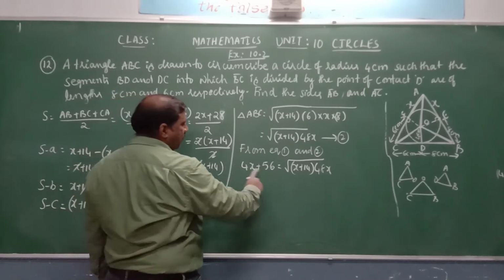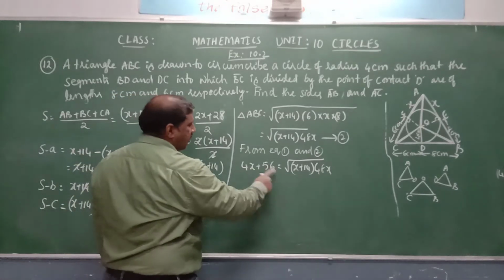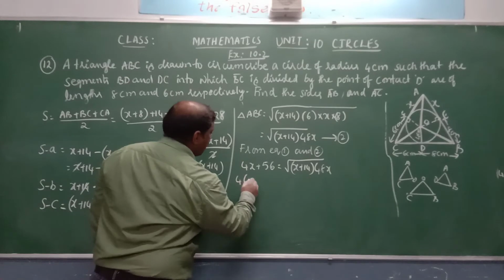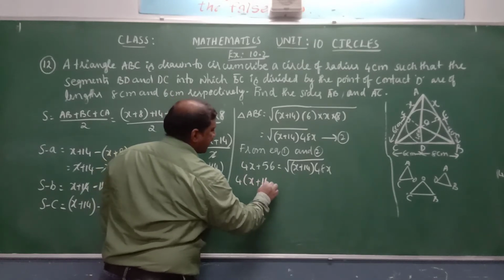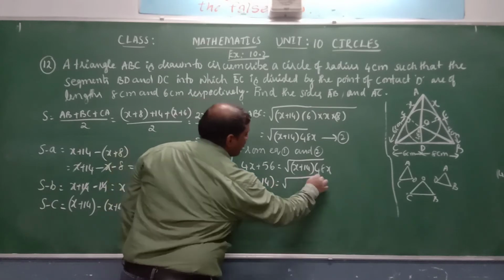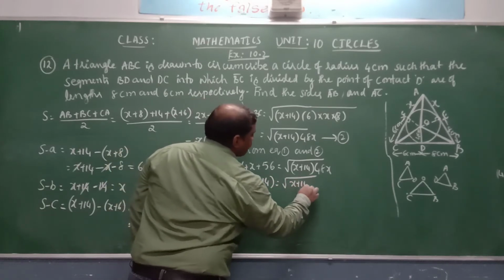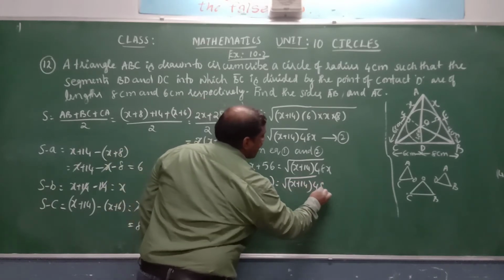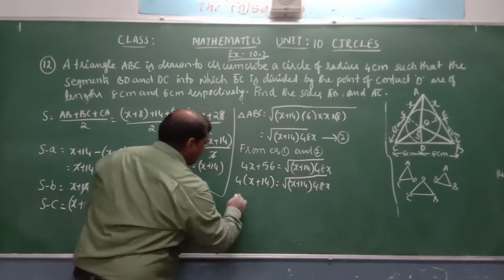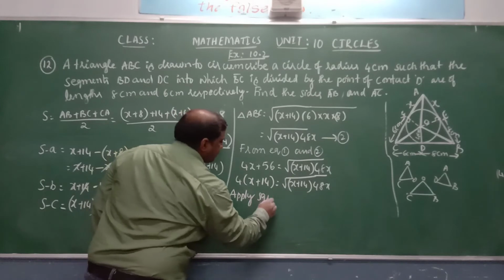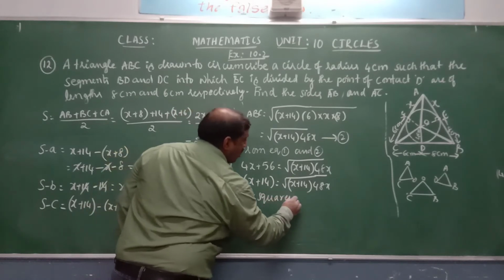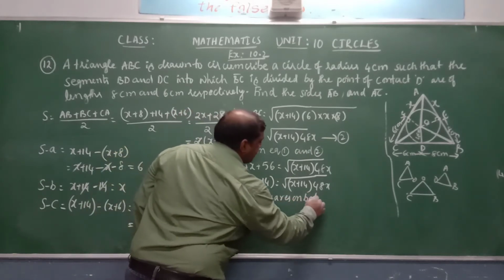Now here you take 4 common, then we get 4 into x plus 14, since 4 14s are 56. So 4 into x plus 14 is equal to the square root of x plus 14 into 48x. Apply squares on both sides.